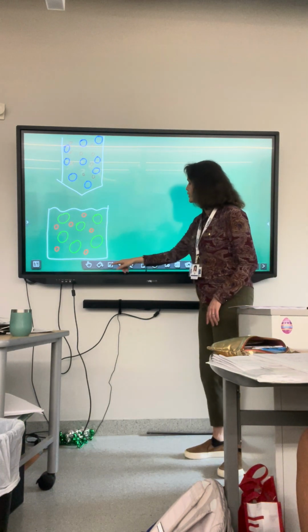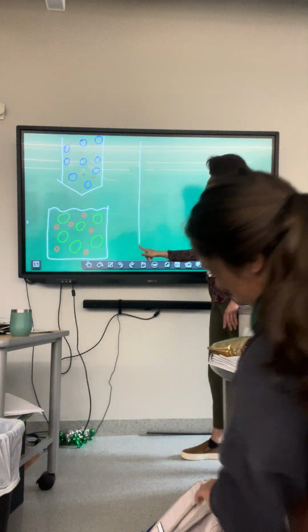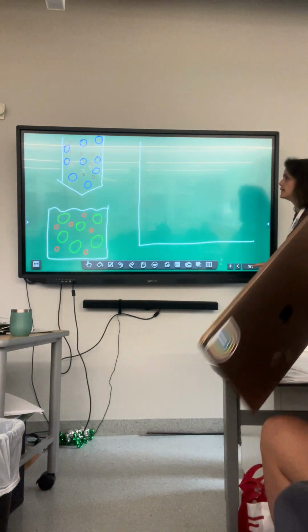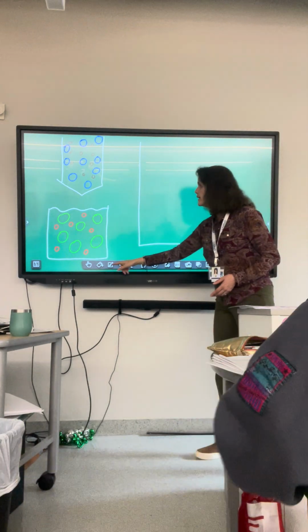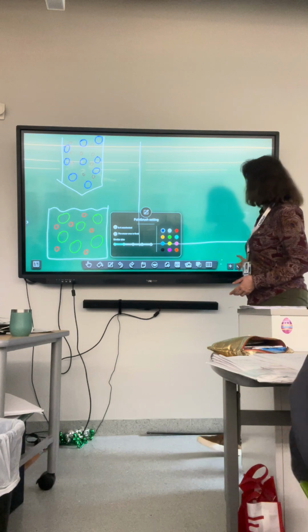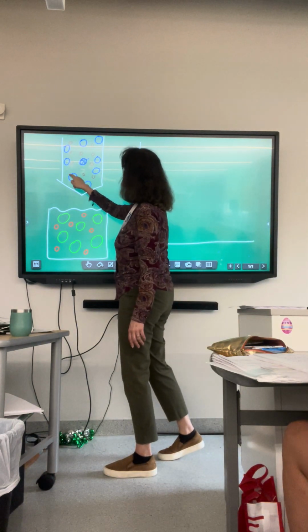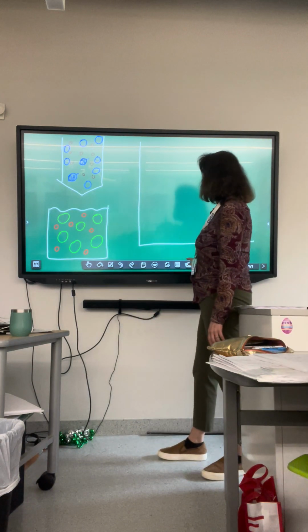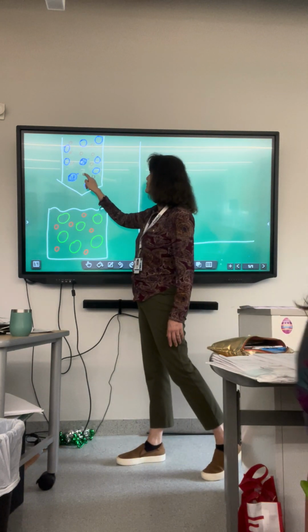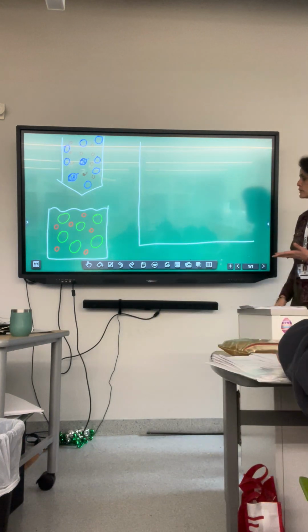Now, we're going to do a titration, which next class we're also going to do online, and then we'll do it in real life. What are those blue dots? The blue dots are the OH minus, from sodium hydroxide. And the Na plus is the little tiny ones, because they lost electrons.